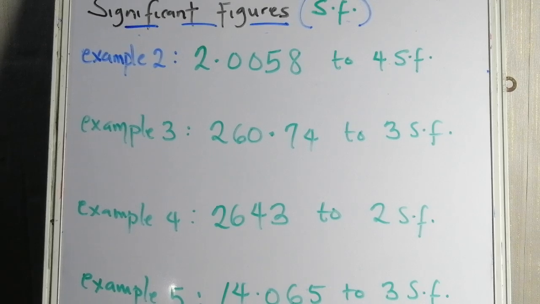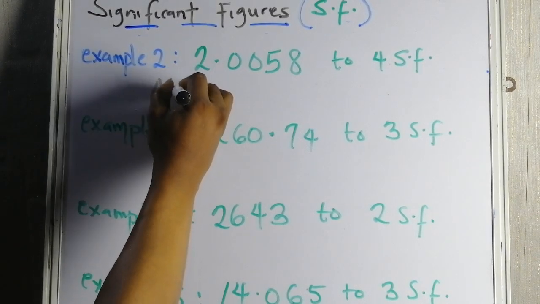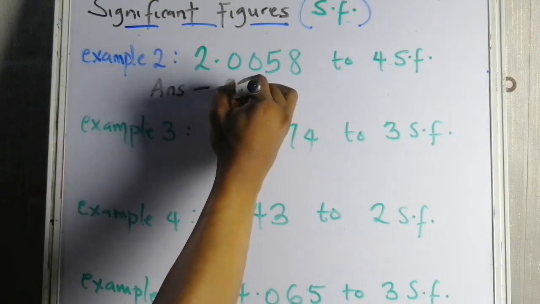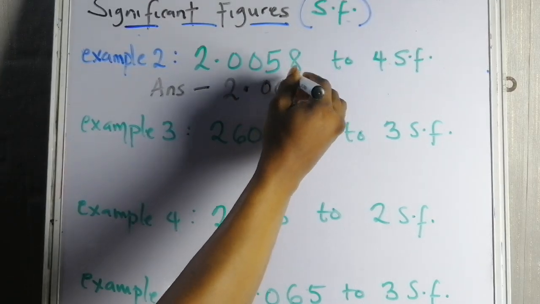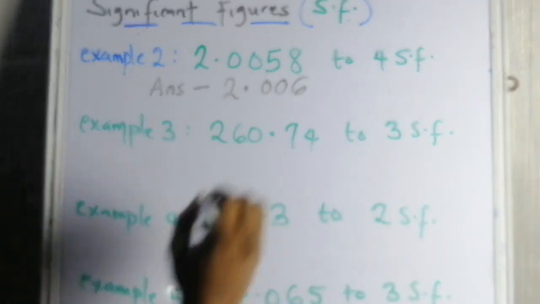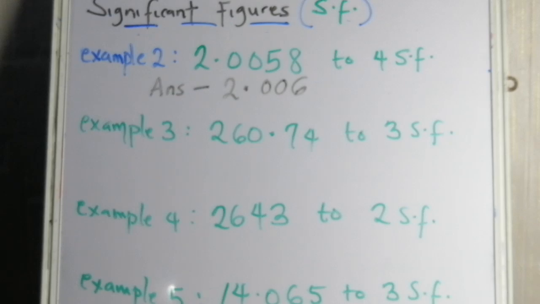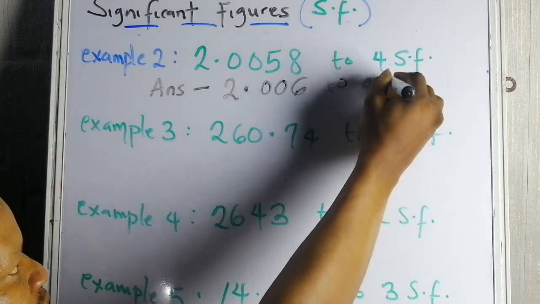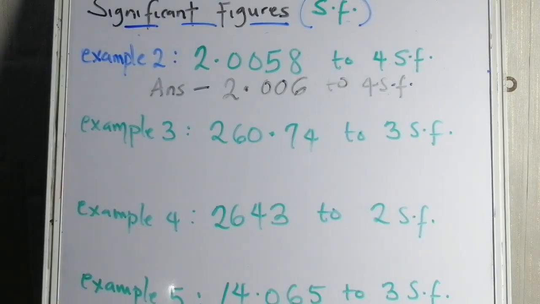So the answer here will now be 2.006. That's to 4 significant figures.